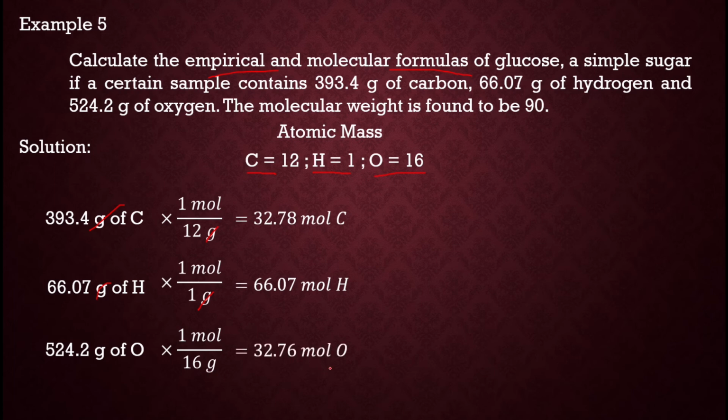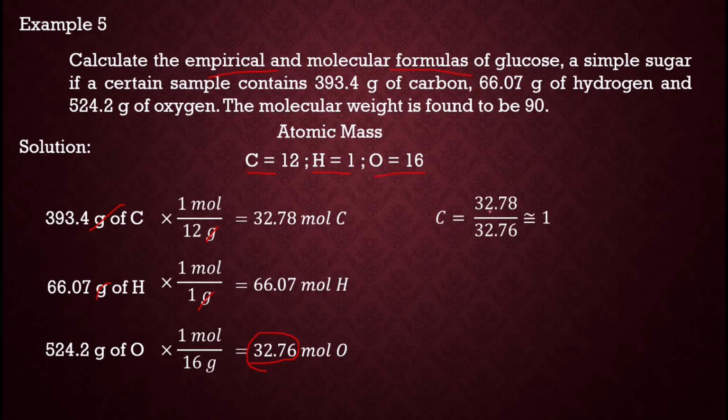mole of oxygen. Then we get the smallest value to obtain the divisor. Since the smallest is 32.76 mole of oxygen, we can now divide.